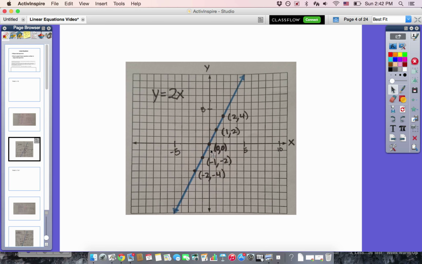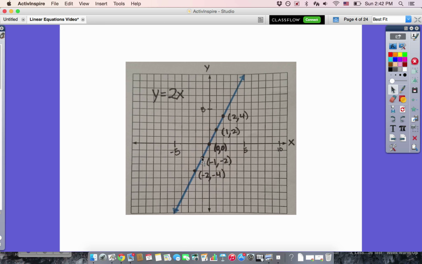As you can see here, I plotted my 5 points and then I connected a line that goes through all these points. I want you to notice how I labeled my graph. I labeled my x-axis, my y-axis. My tick marks, I labeled every 5 instead of every 1 because if I label every 1, it's going to look very crowded.